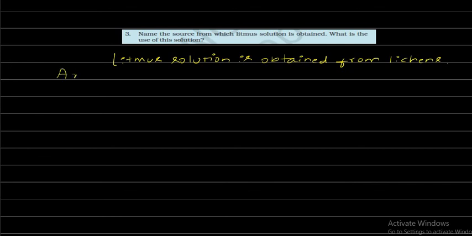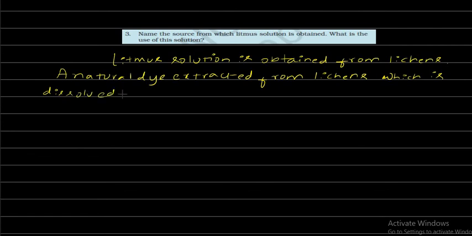A natural dye extracted from lichens, which is dissolved in distilled water to obtain litmus solution.